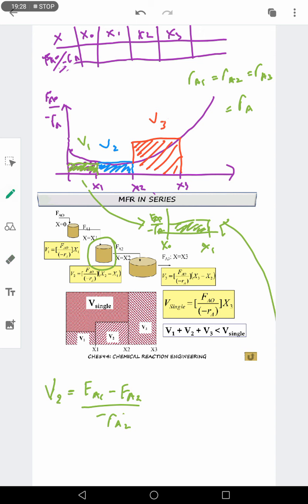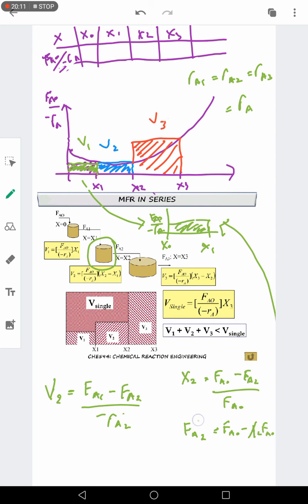If you don't believe it, let's do X2. Actually, FA0 minus FA2 divided by FA0. So in the end you will get FA2 equals FA0 minus X2 FA0.